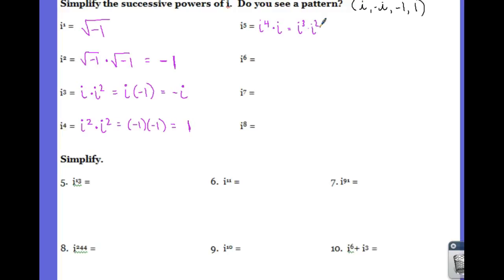But no matter what, when I simplify this, I should ultimately get the same answer. i to the 4th is 1. So you get 1 times i. Or i cubed is negative i, and i squared is negative 1. So 1 times i, or negative i times negative 1, ultimately gets me back to i.